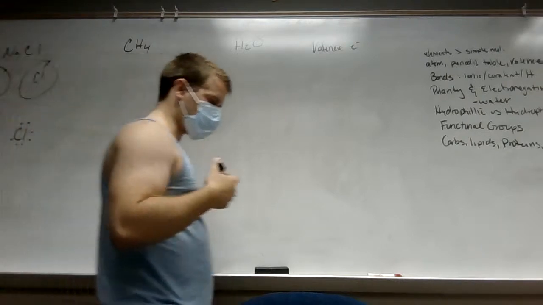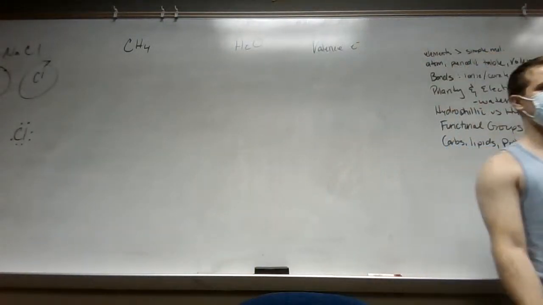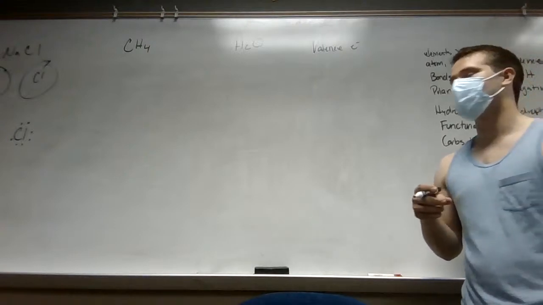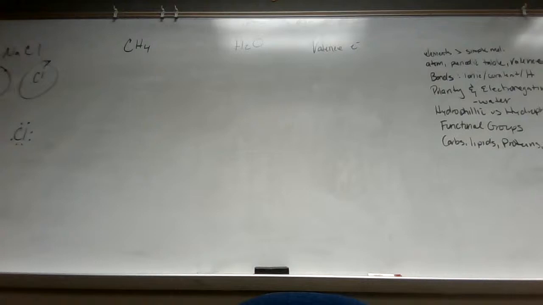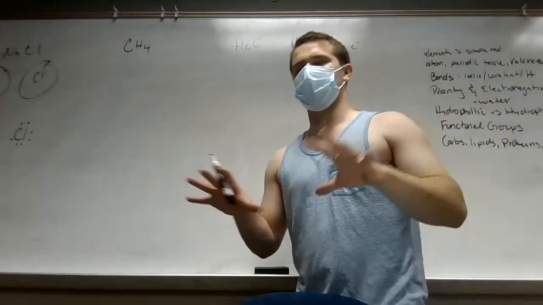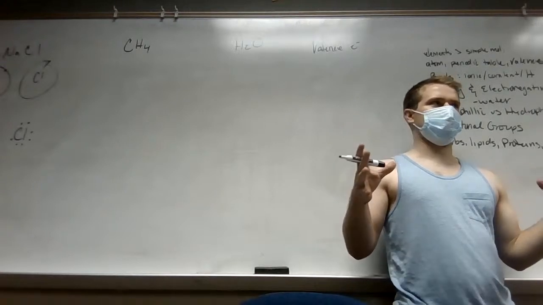How many electrons do we need to be stable? What is a stable number of valence electrons? 8. All of your atoms want 8 electrons, except for hydrogen and helium, which want 2. The reason is that in the outermost shell, the valence shell, 8 is the maximum number.